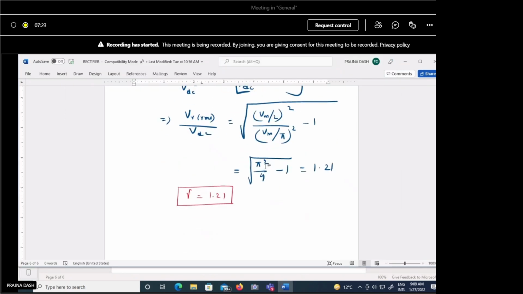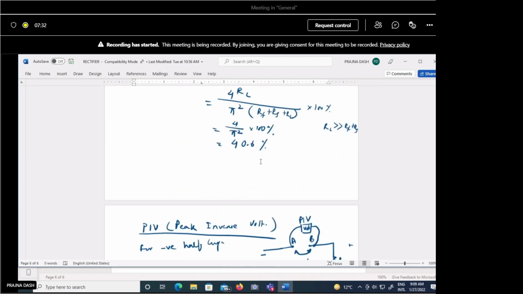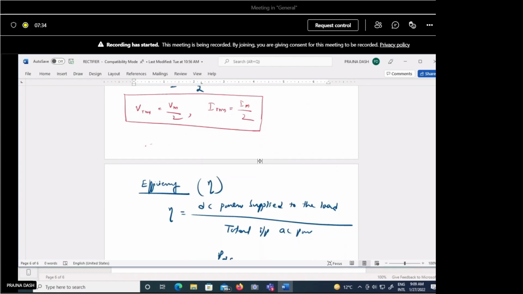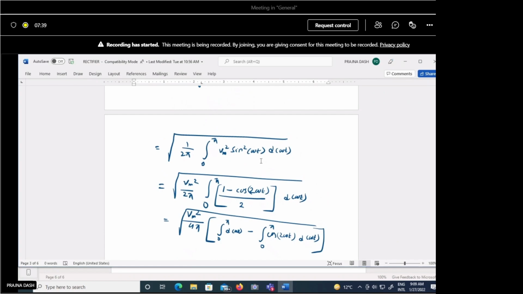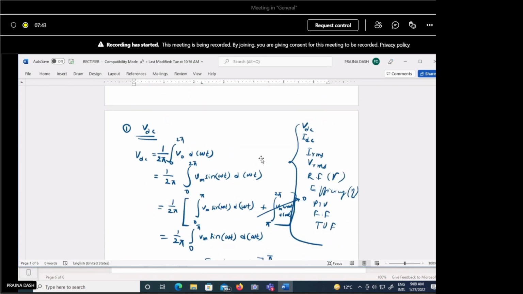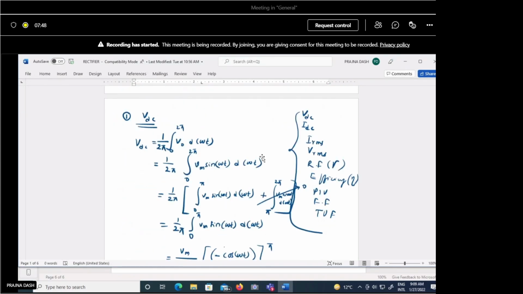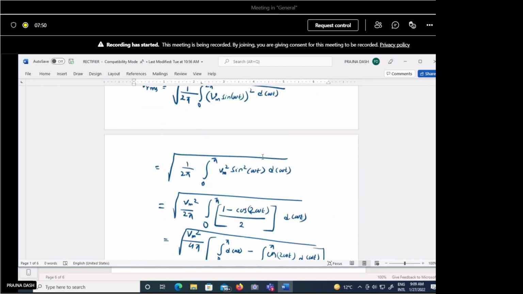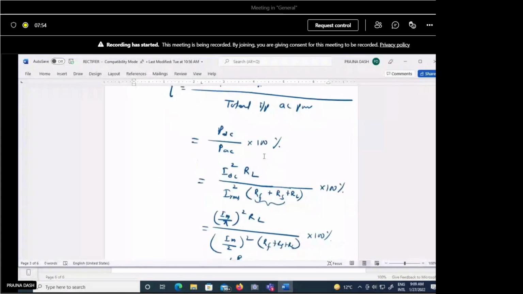Okay, so we were discussing the half-wave rectifier and deriving certain parameters. In the previous class, we derived various parameters like DC voltage, DC current, RMS voltage, RMS current: VRMS, IRMS, IDC, VDC, then the efficiency of the rectifier.